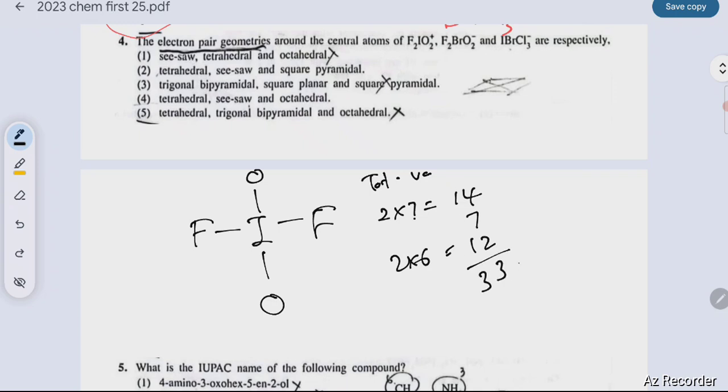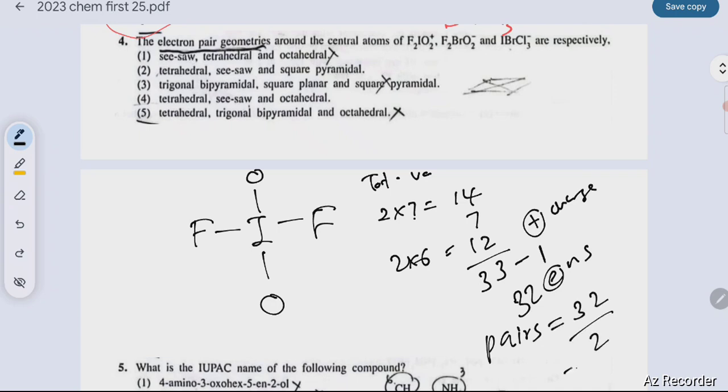Now out of these 33 valence electrons, there is a plus charge, so you have to subtract 1. Then we get 32 electrons. Then how many pairs are there? 32 divided by 2, 16 pairs.